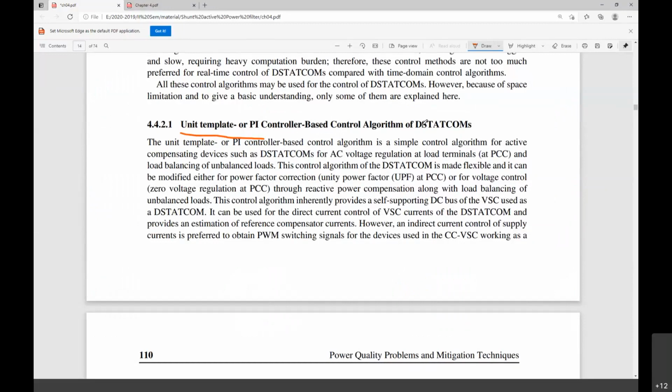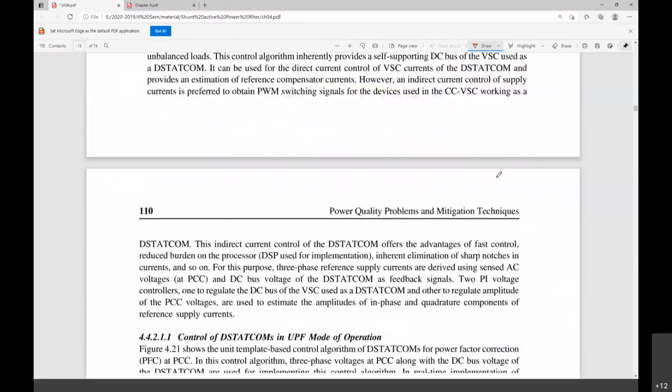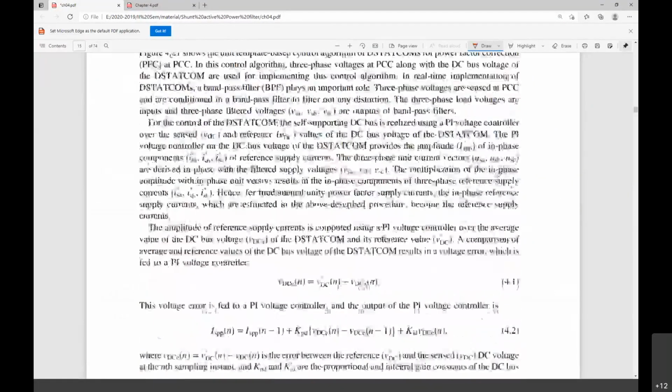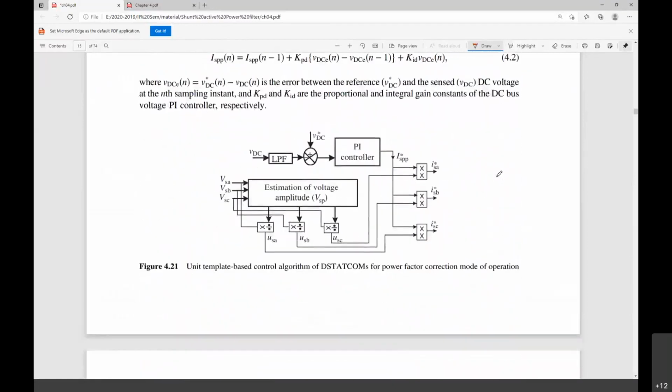Here, the objectives of the DSTATCOM are to make unity power factor at the PCC and balanced source currents. In order to make the source currents balanced, these are the reference source currents.